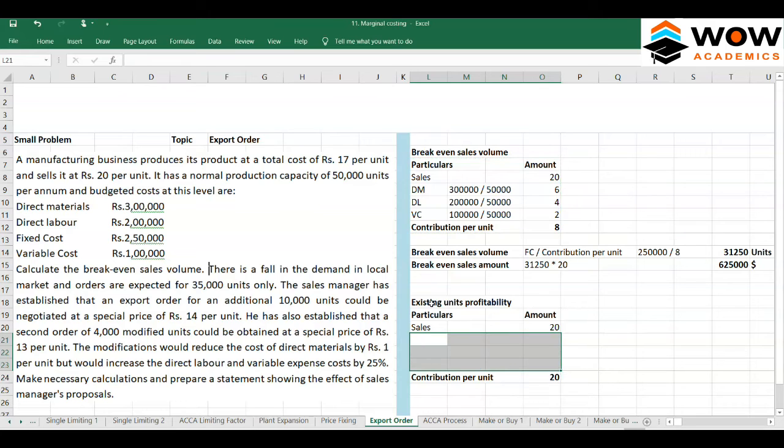So we can put total variable cost as 6 plus 4 plus 2, that comes to 12.